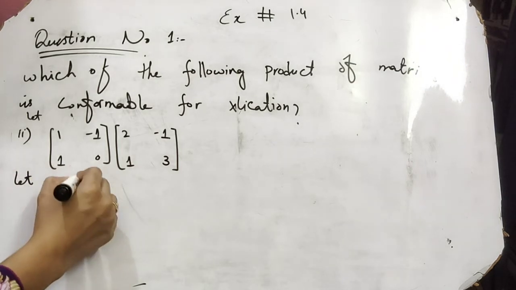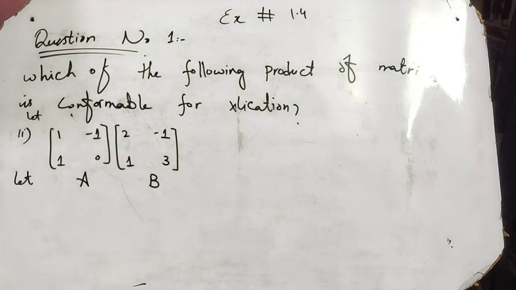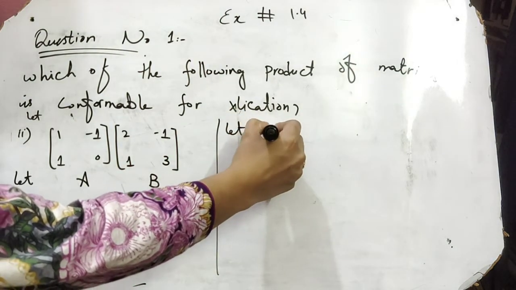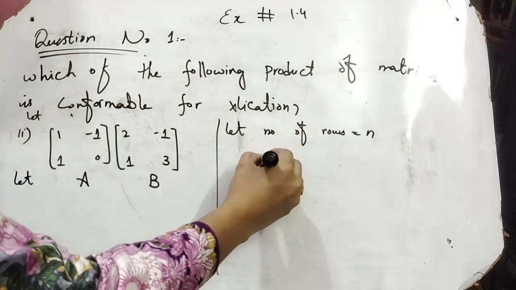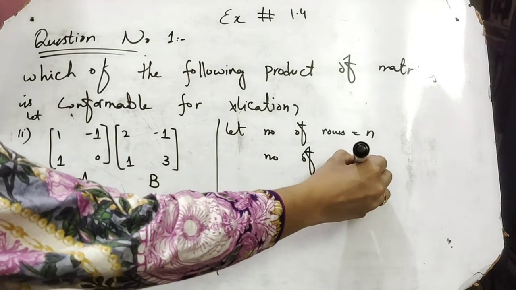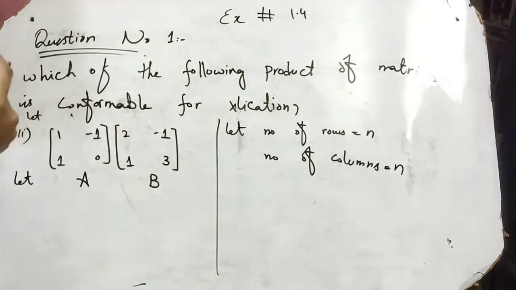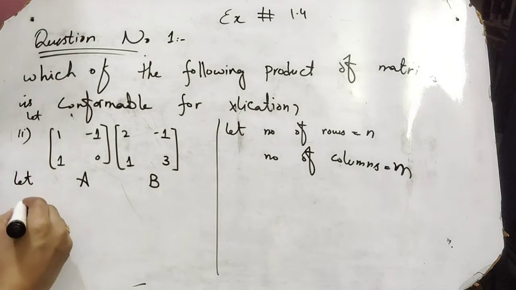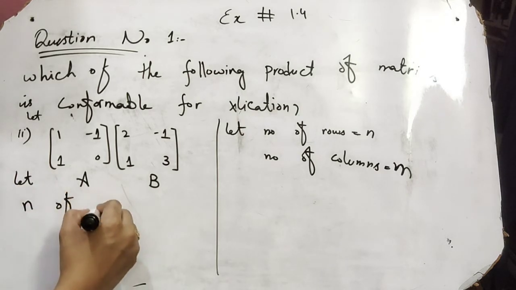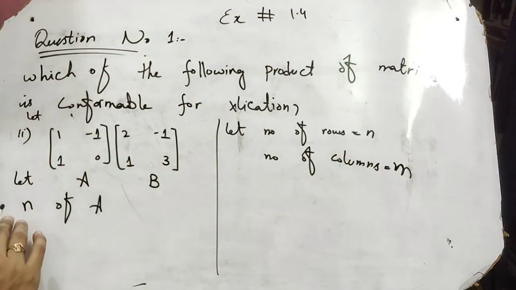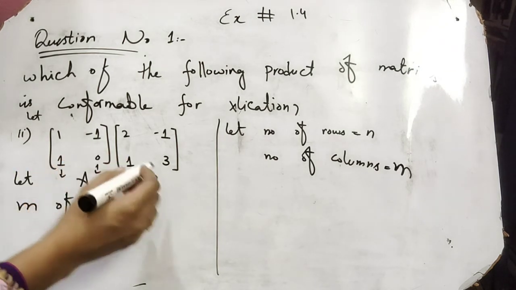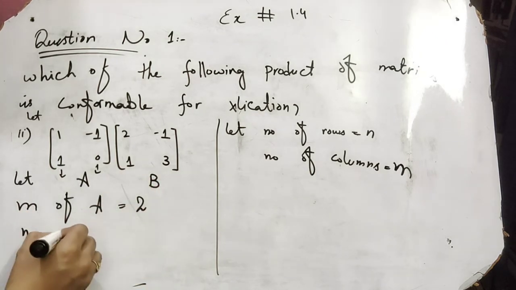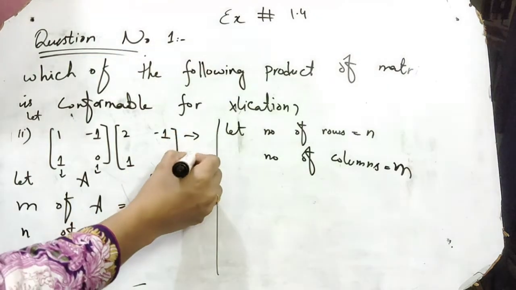Let this be A and this be B, and let the number of rows be n and the number of columns be m. Then m of A is equal to 2 columns, and n of B is equal to 2.